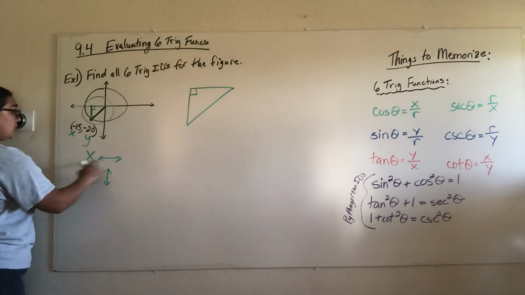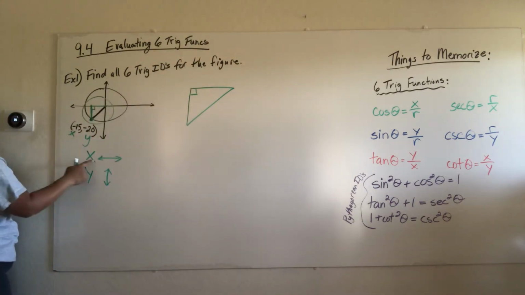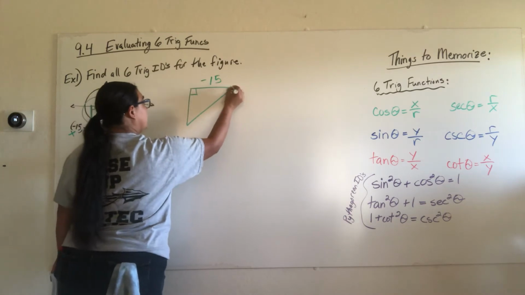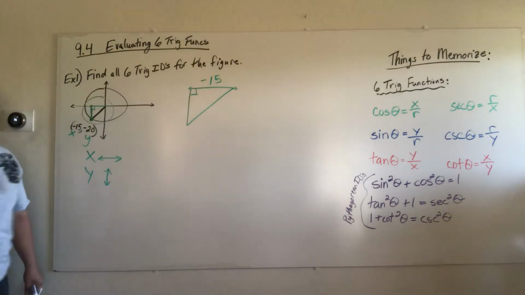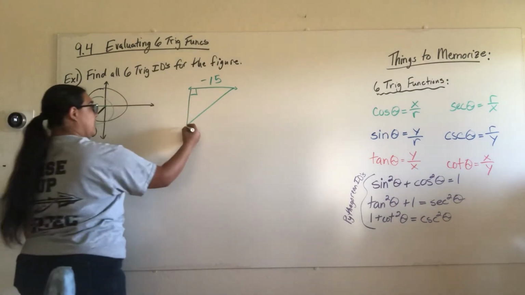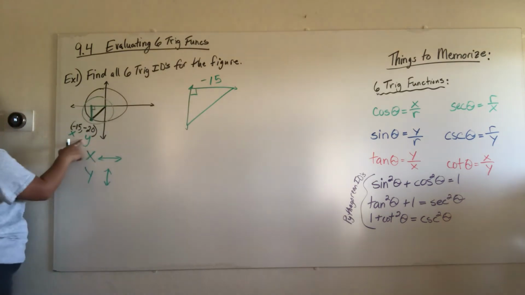So my x goes side to side, so when I come over here to label the 15, this is negative 15, that's this side right here, because it's the one that's going left to right, okay? So that's that side. The y value is going up and down, so that would be this leg right here. This is the one that's going up and down. So the y value here was negative 20.